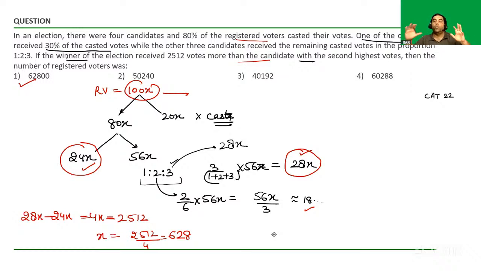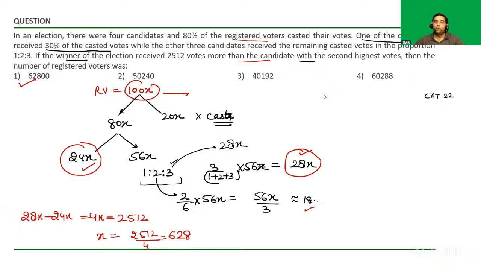Now, this is one way of looking at it, which is, as I mentioned, just assume a value to be 100x, start solving it, and based on that we'll be able to solve it. Now, let's try and observe, can we use some other methodology to look at the question?